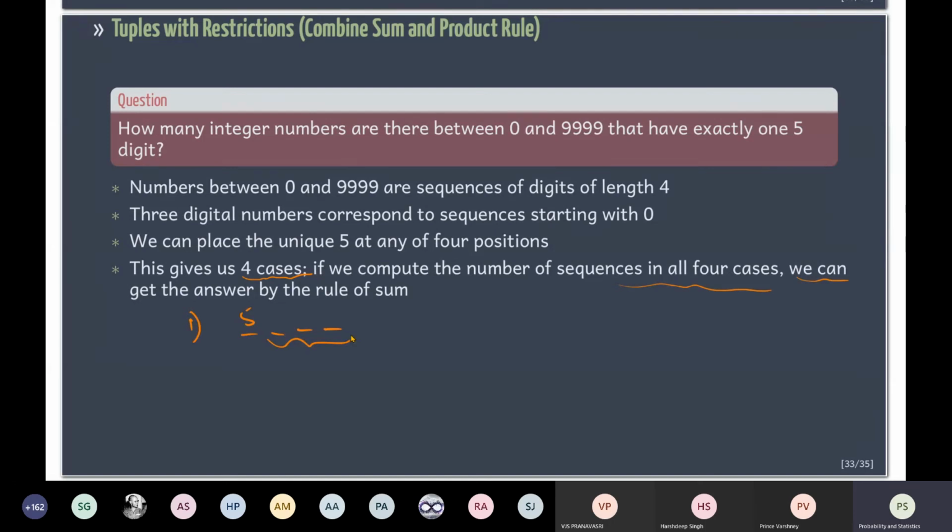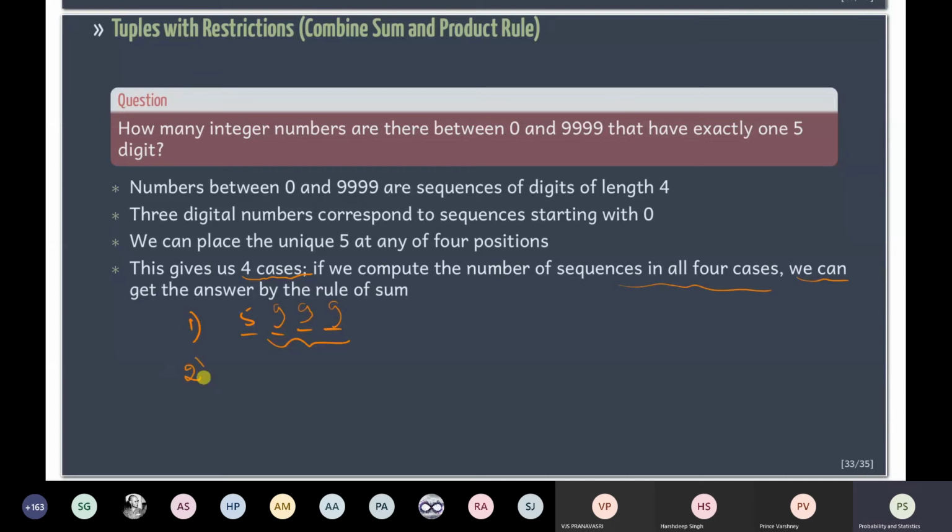So for the remaining places I am left with 9 options, and because repetitions are allowed, it is 9, 9, 9.